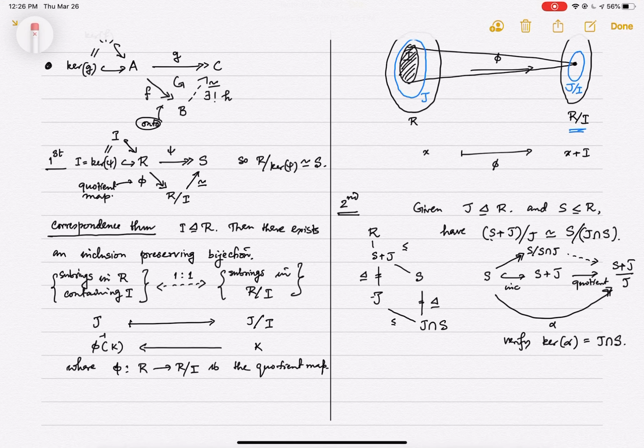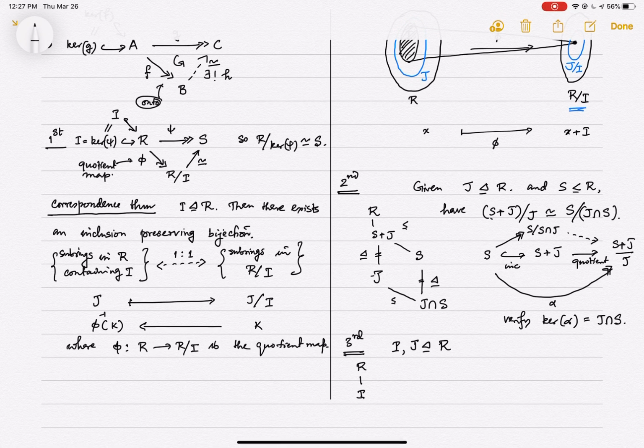And then you have the third, finally, isomorphism theorem. It says you have a ring and two ideals, I and J, so that one is contained in another.